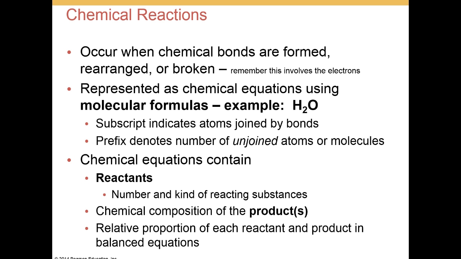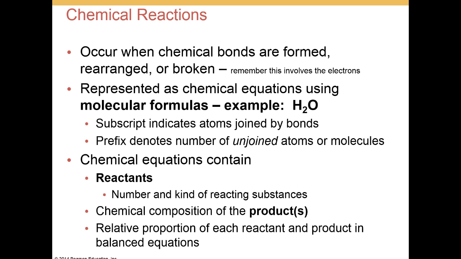So we represent our molecules using our chemical formulas. So our molecular formula might be H2O, so that indicates one water molecule. A chemical equation will include our reactants becoming our products, and then we have a list of how many atoms are involved.